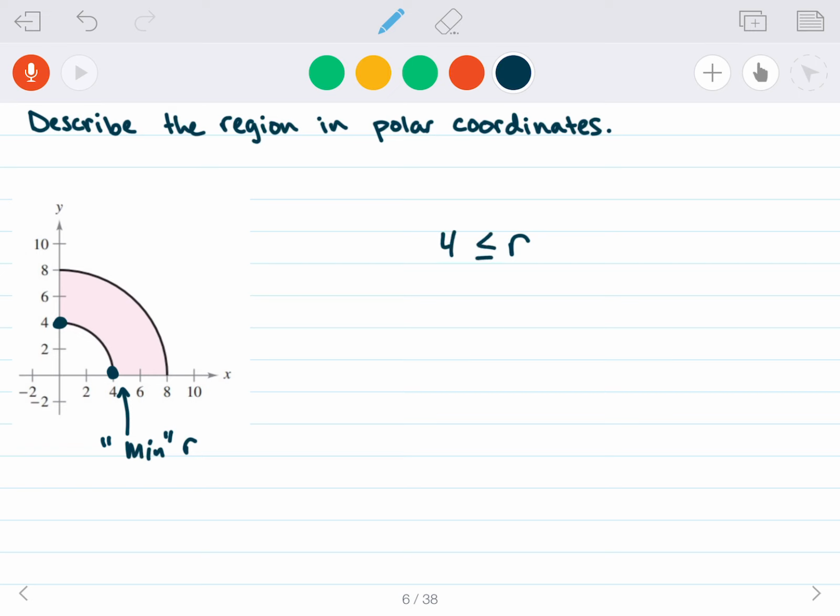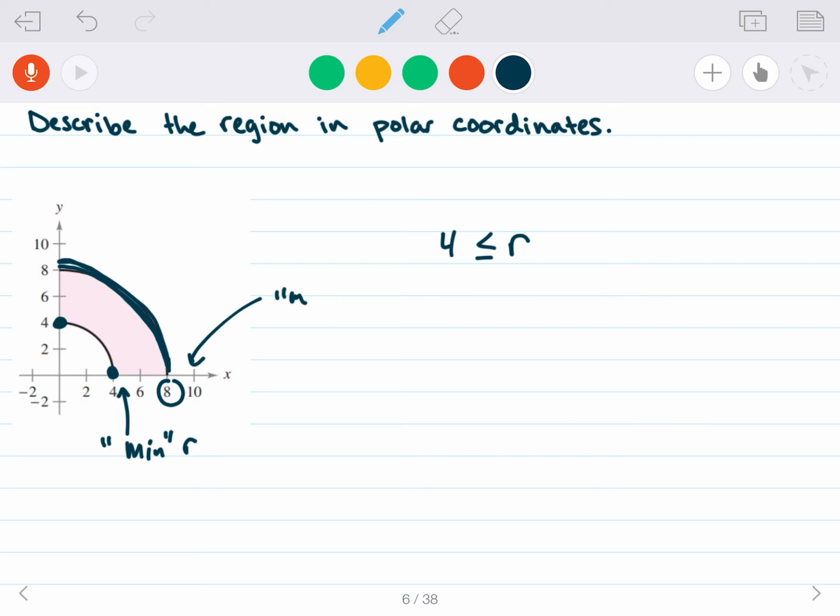So something that has a radius of 2 would not be in this region, and that would be something in this area. So this would have a radius of 2. But we're not including that. So we're starting at a radius of 4, and the maximum radius that we can have is right here at a radius of 8. So this is an arc of a circle with radius 8.